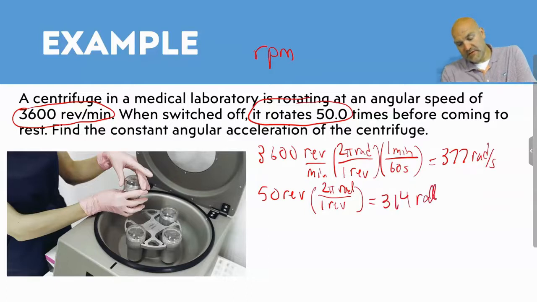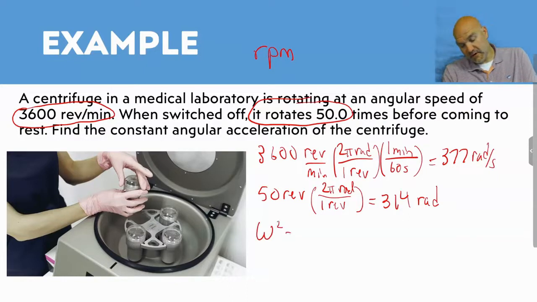So I have an angular displacement of 314 radians. It's basically 50 times 2 times pi, which gives me 314 radians. Now I have the information I need to solve my problem.